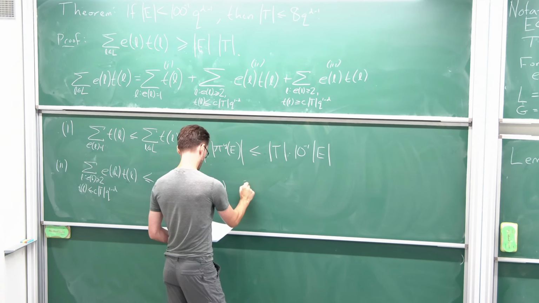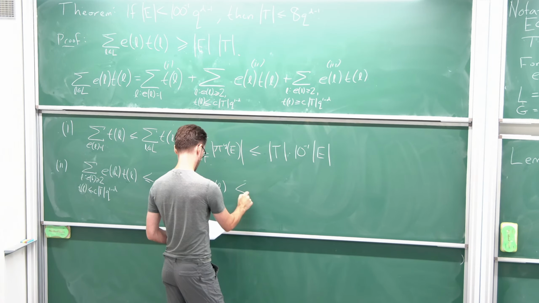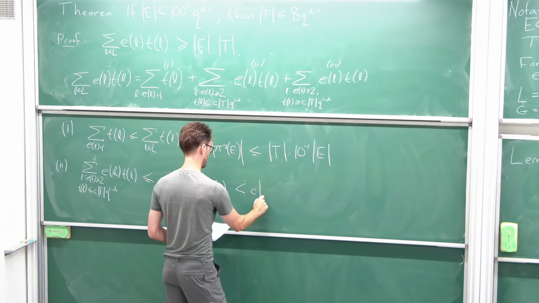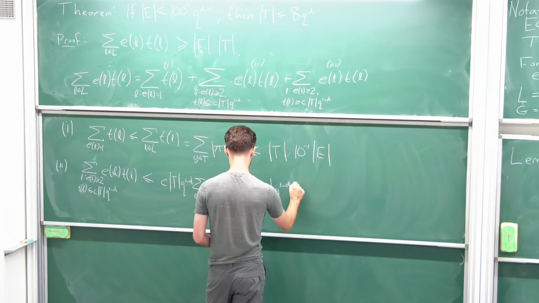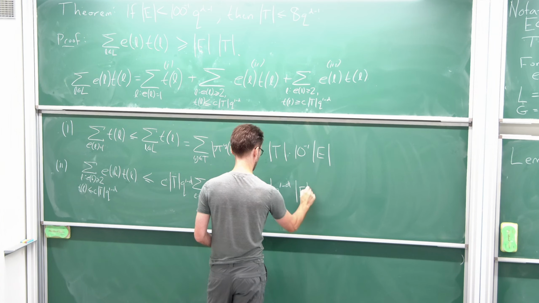And so this is less than c times t over q to the d minus 1 times e squared.